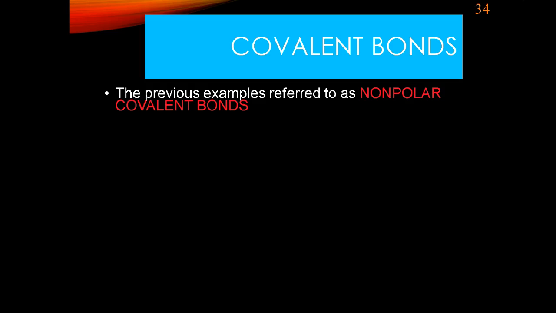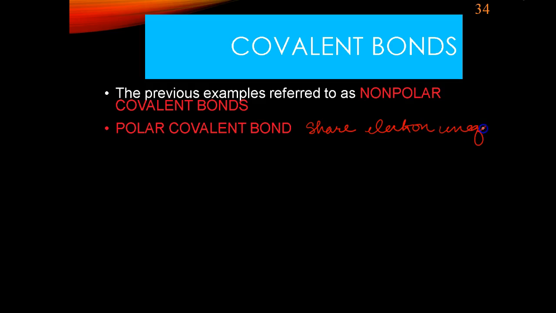I'm going to end here because I'll tell you what a polar covalent bond is next time. In a polar covalent bond, they share their pair of electrons unequally. And remember, in a nonpolar covalent bond, they share electrons equally.